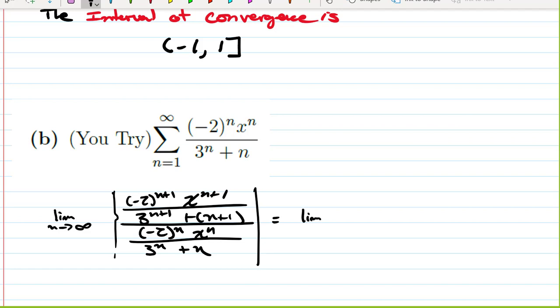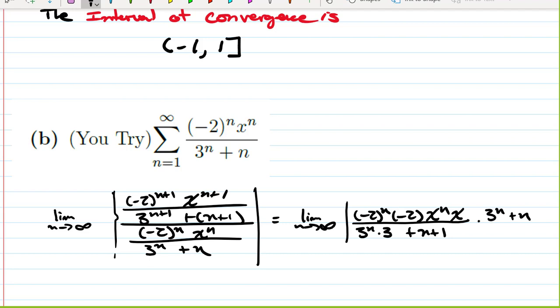So once again, taking the reciprocal of the denominator and multiplying and expanding using our exponent properties, we're going to have negative 2 to the n times negative 2 x to the n times x all over 3 to the n times 3 plus n plus 1, times our 3 to the n plus n, all over negative 2 to the n times x to the n.